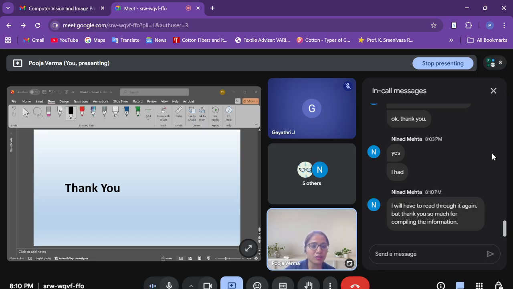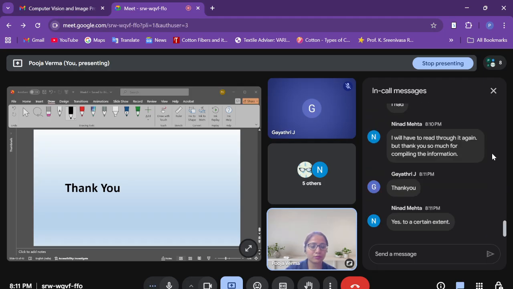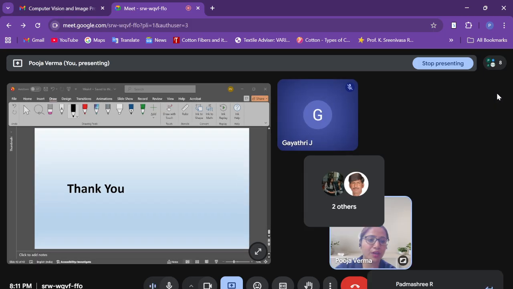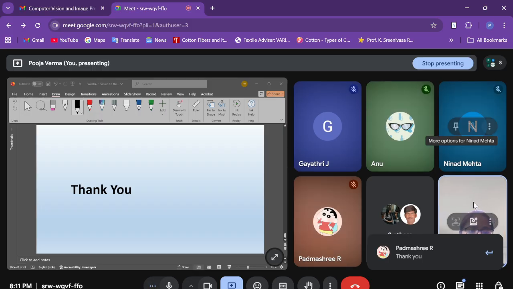Have you understood or not? Just remember the steps for the inner integral as well as the outer integral. If anyone doesn't have any doubt, we can close the session. Thank you everyone, thank you for joining this session.